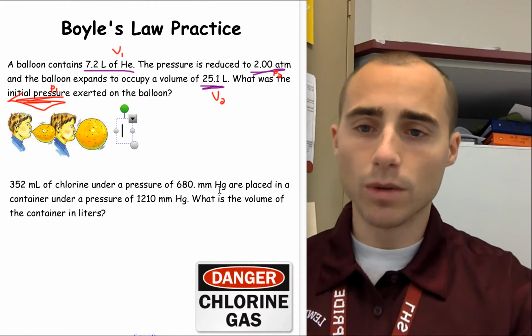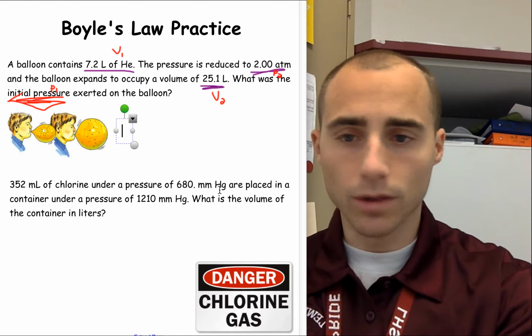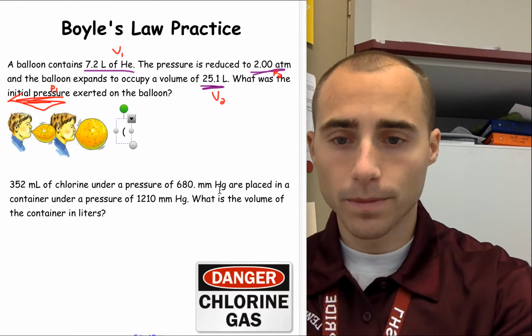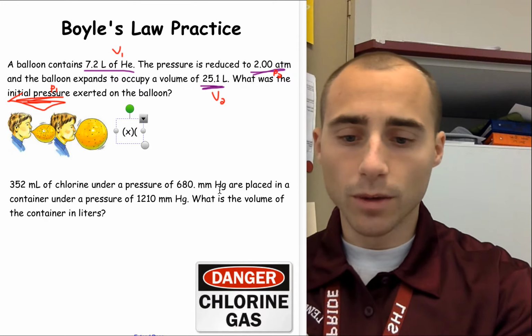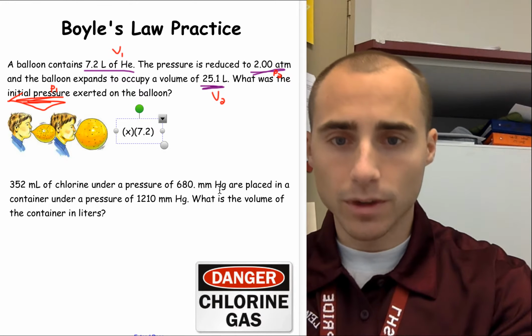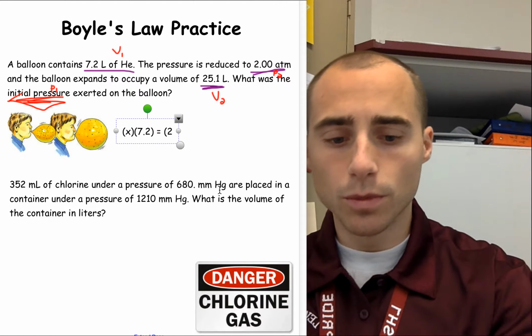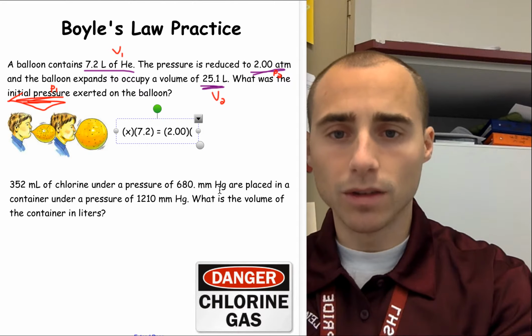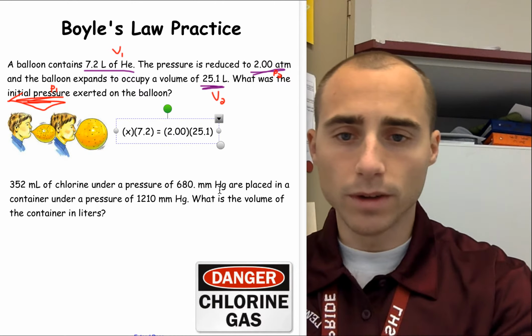So we'll do P1, which we don't know, times V1, which is 7.2. We'll set that equal to 2.00 atm, our P2, times 25.1.